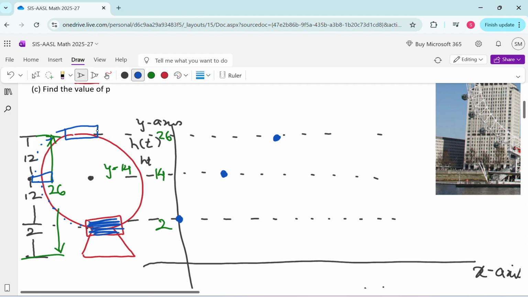After reaching the maximum point, the chair is going to come down. So it will be somewhere here, back to 14. And then finally, it will reach the lowest point once again from where it started. And this is our motion of one rotation of the Ferris wheel, drawn graphically.